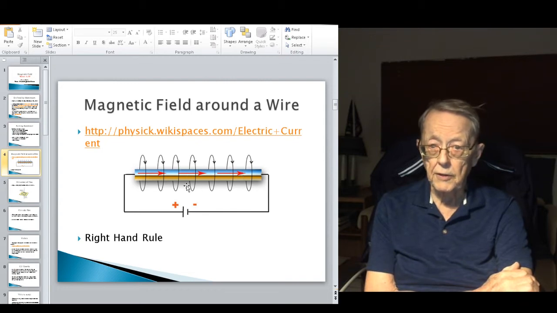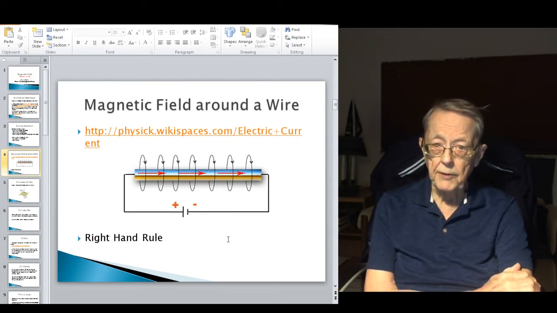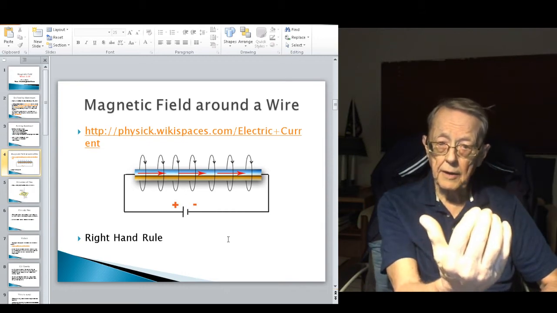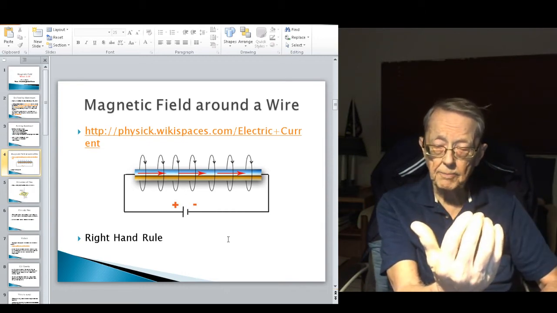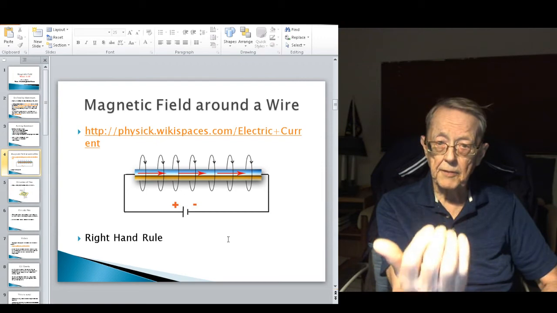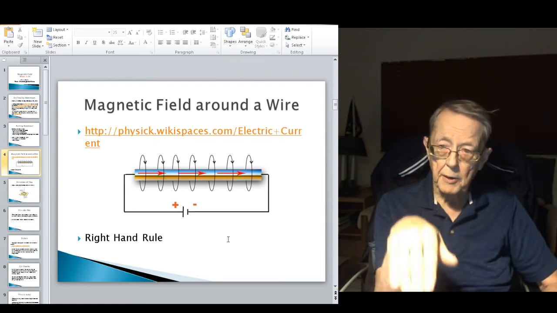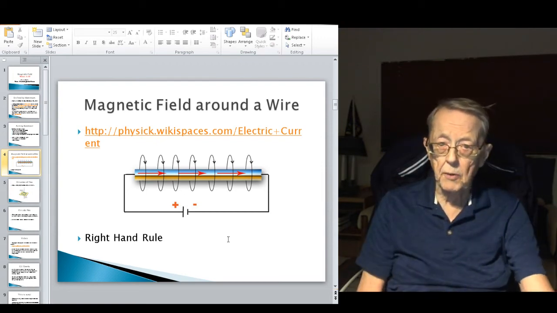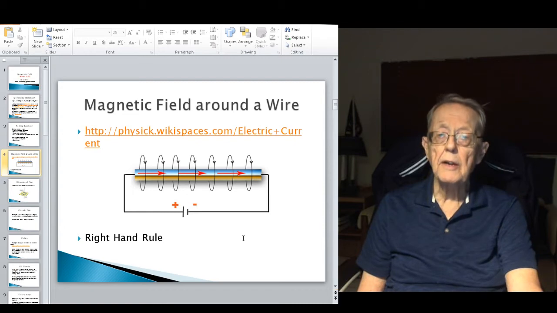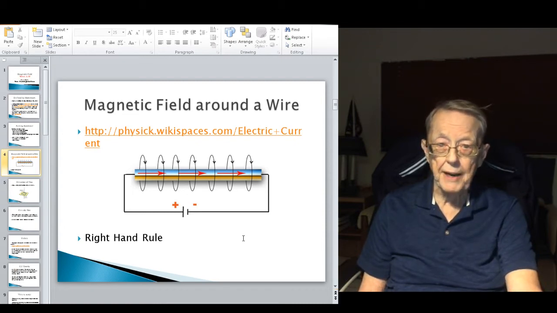If you use your right-hand rule and point it in the direction of the red arrows, you'll see that the top of the magnetic field is coming towards you and the bottom of the magnetic field is moving away from you. Electric current, right-hand rule. They're clearly in circles. The path is circular.